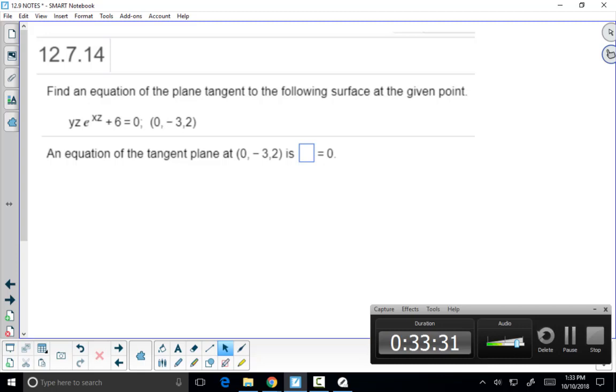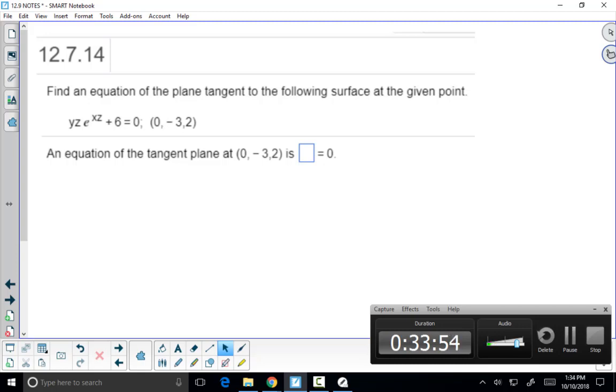Now this surface is given to us in an implicit format because we cannot solve for z. z is in the exponent and it's also a coefficient, so we can't isolate z. So this is an implicitly defined surface.